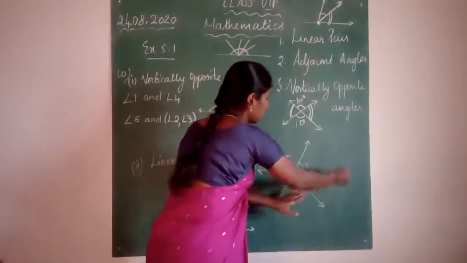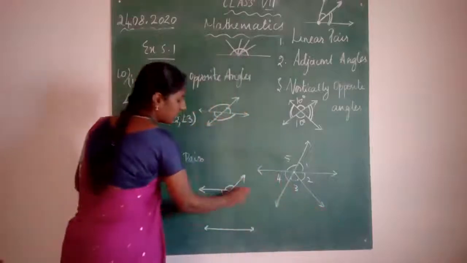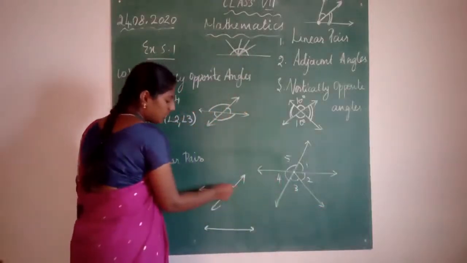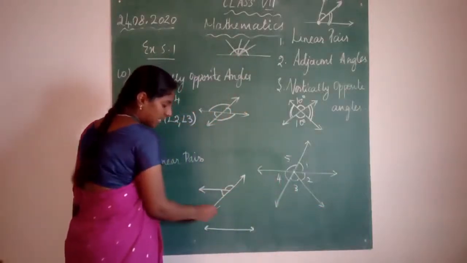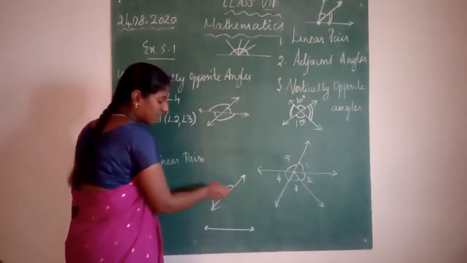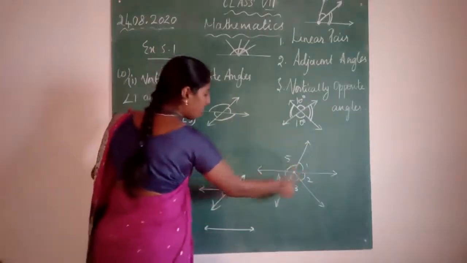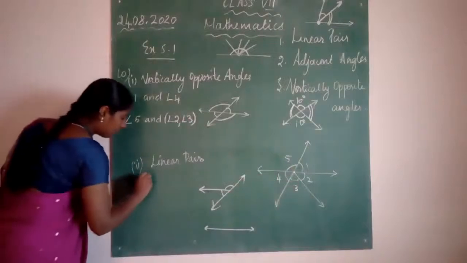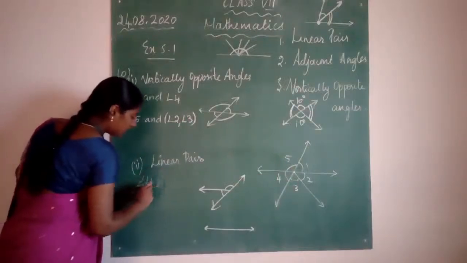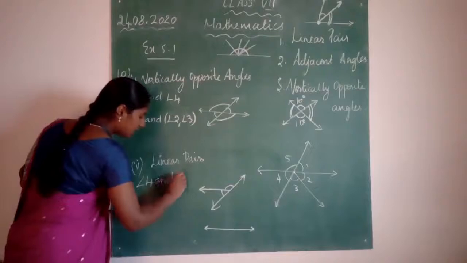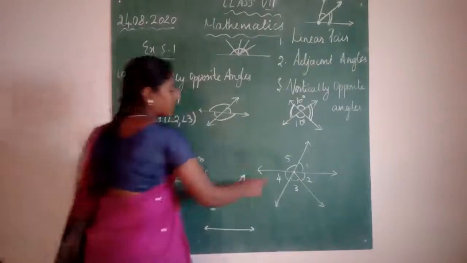Don't consider all the other things below this one. Consider only this angle and this angle. This is a straight line, and you have a linear pair here, that is angle 4 and angle 5. So angle 4 and angle 5 will make a linear pair.